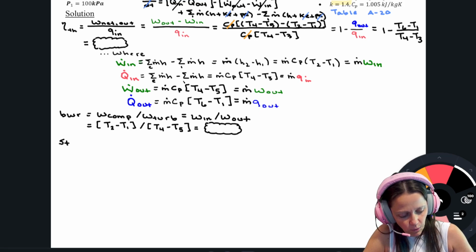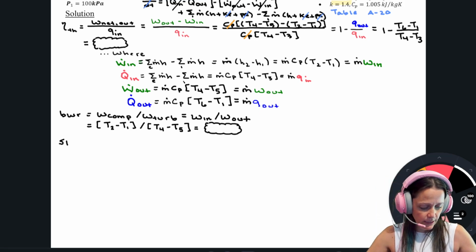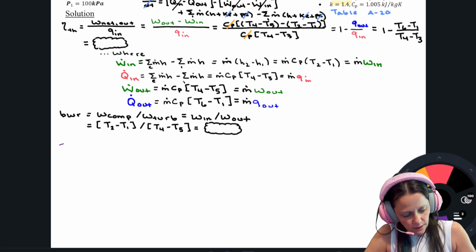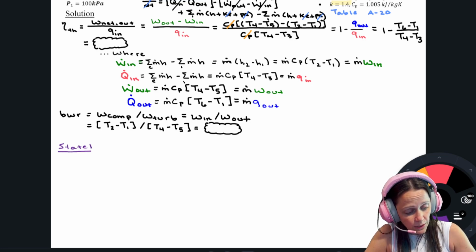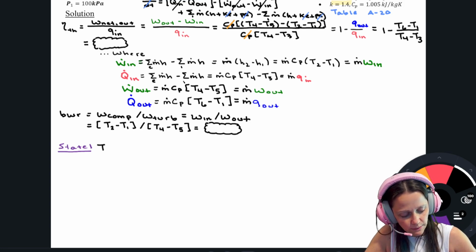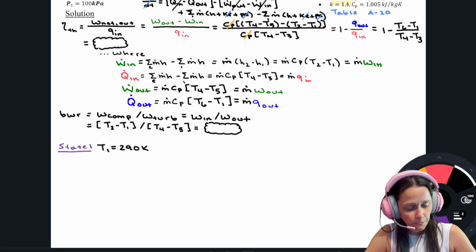I'll write it in purple here. All right, so state 1, and really the only thing I need is the temperature, and I already know the temperature, T1, 290. Okay.